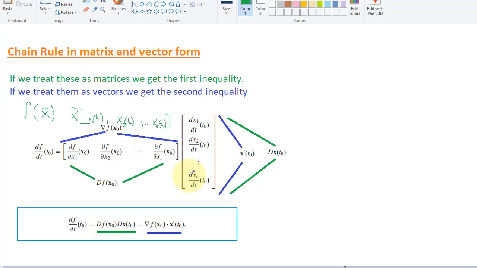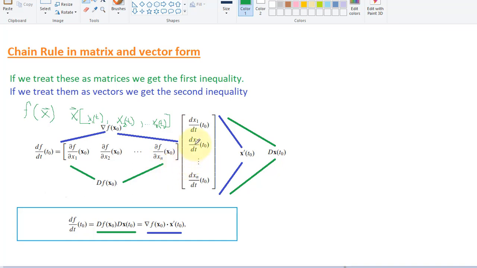So we can say the chain rule can be expressed in two ways here, because we can think of this as a matrix, which is what I said it was just now, or we can think of it as a vector. So if we think of it as a matrix, so we're multiplying this row matrix times this column matrix, then we would call this, as we just said earlier, the derivative of f because we're thinking of it as a matrix.